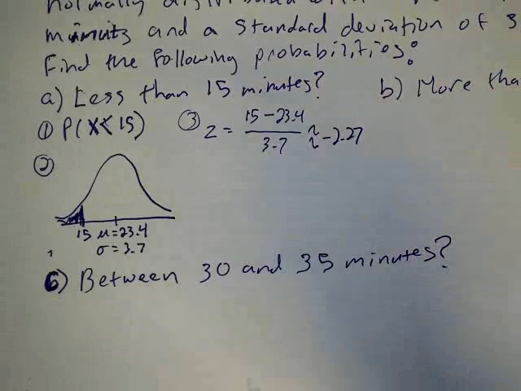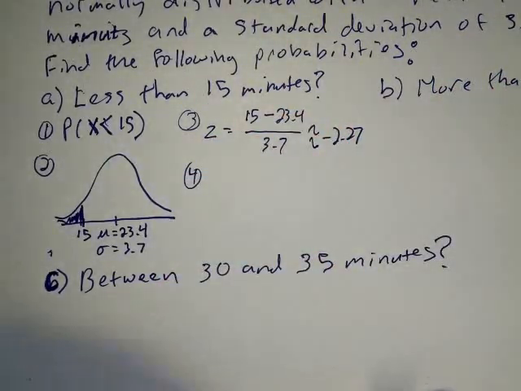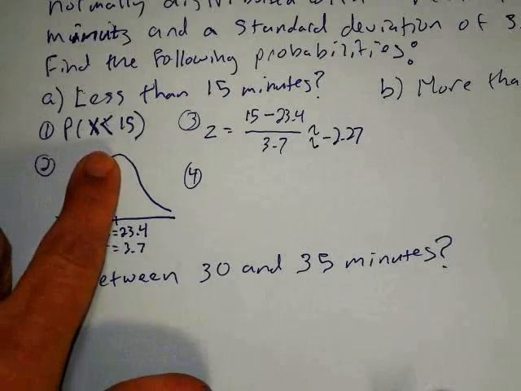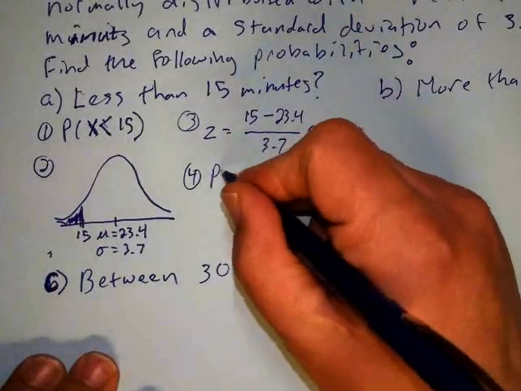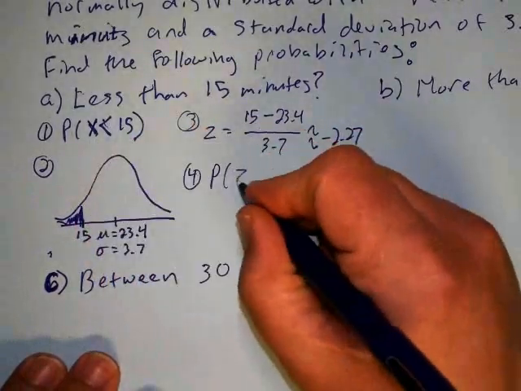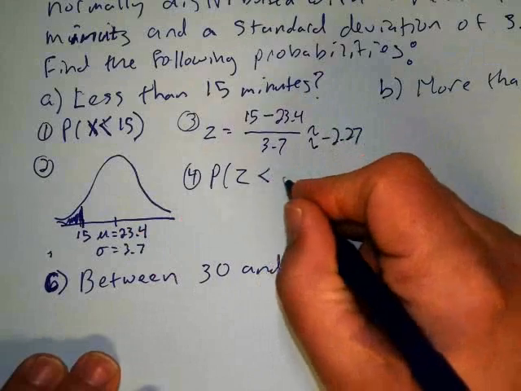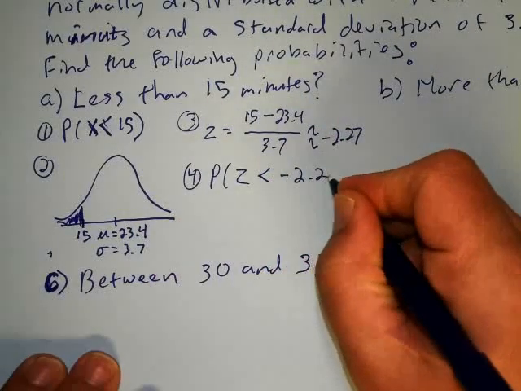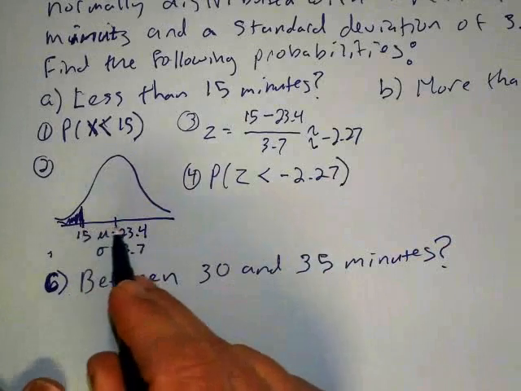Okay, and so the fourth step, if you remember, is writing out the corresponding Z-score probability. So I'm going to change that X to a Z, less than, and change the 15 to this corresponding Z-score, which is negative 2.27. Okay, so that is actually pretty far out.